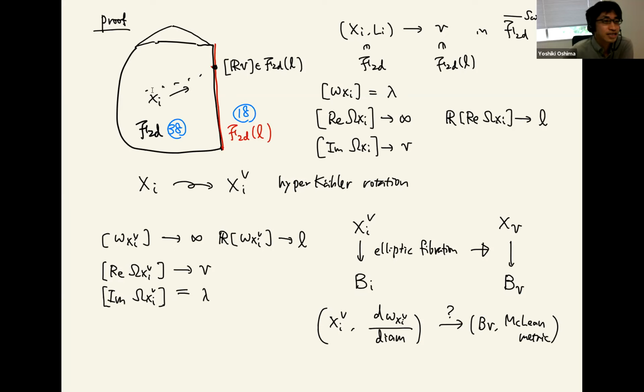So we take a sequence from F2D, which goes to a boundary point in F2DL, the 18-dimensional stratum. I mean, we take a sequence in this Satake compactification, a sequence from F2D, which converges to the boundary point V. So we have a sequence of polarized K3 surfaces.